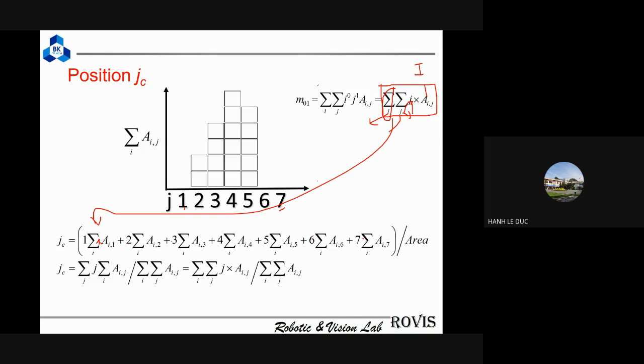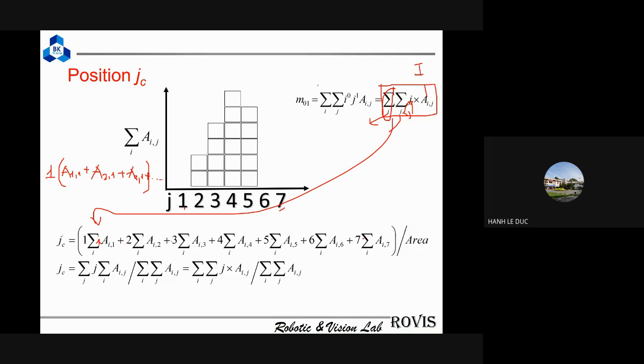For example, 1 multiplied by the sigma of this: A11 plus A21 plus A31, plus and so on.